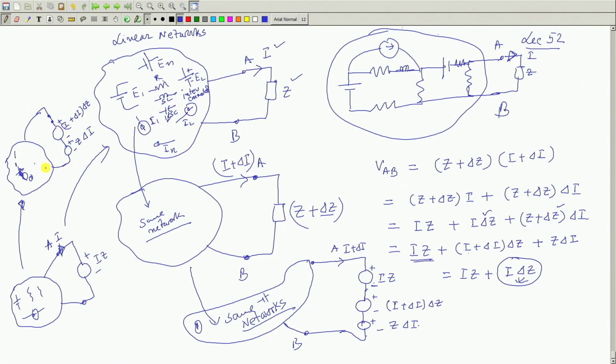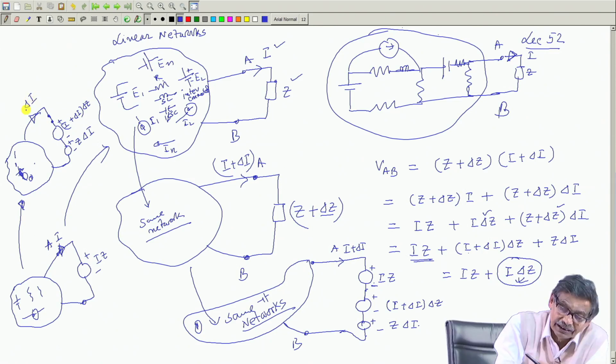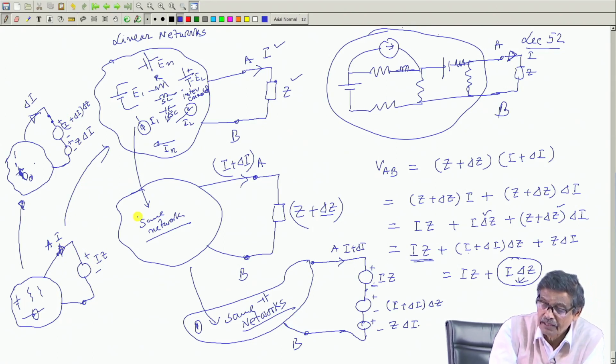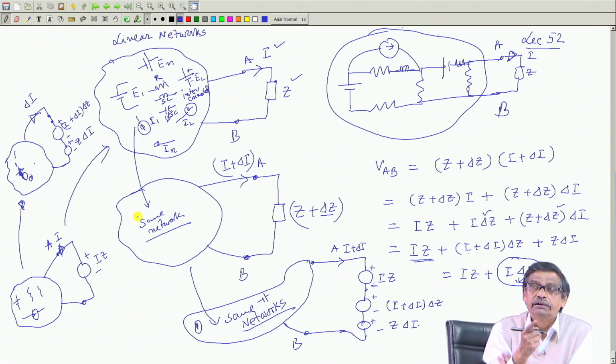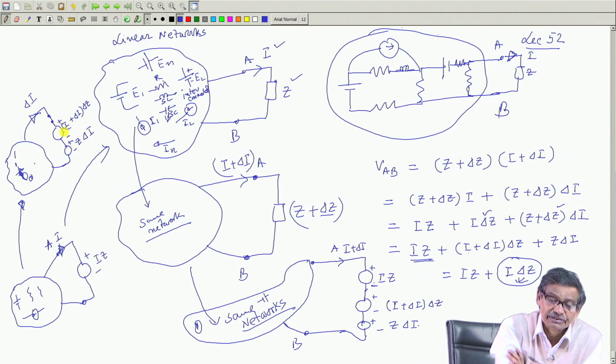In this network, delta I must be present. These sources alone, with internal sources replaced by their internal impedances, must have produced delta I. That is why, when all the sources are present, it should be I plus delta I. So, who is the contributor for this delta I? It is these two sources.